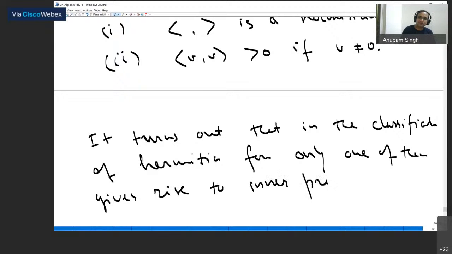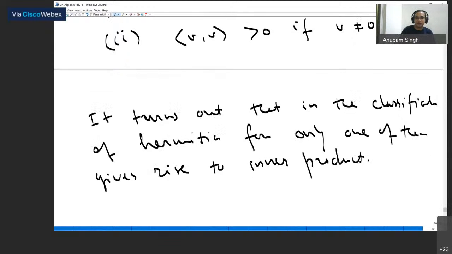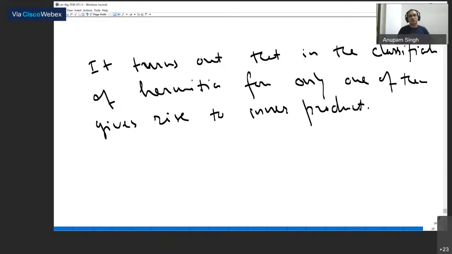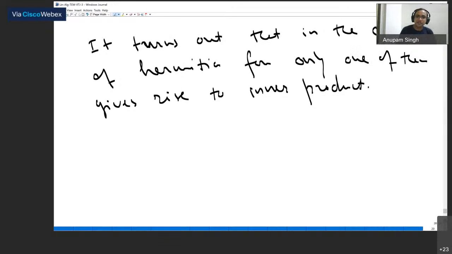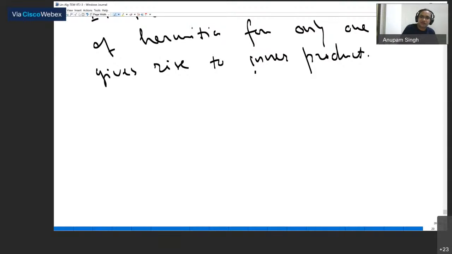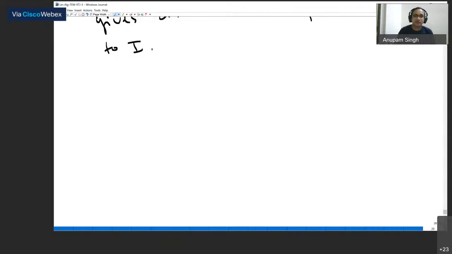Once again, why is inner product important? Because it gives rise to a norm and it gives rise to a metric. So inner product is important. And this is the one corresponding to the identity matrix. So this is what happens.